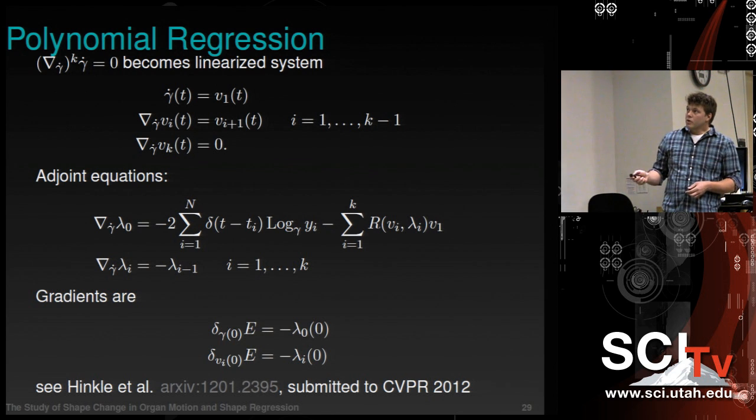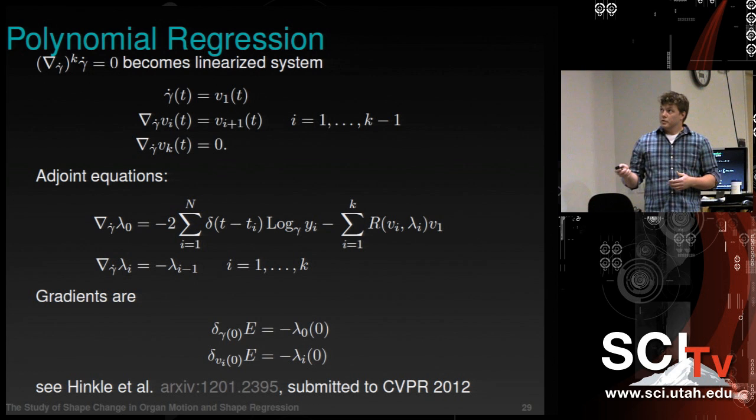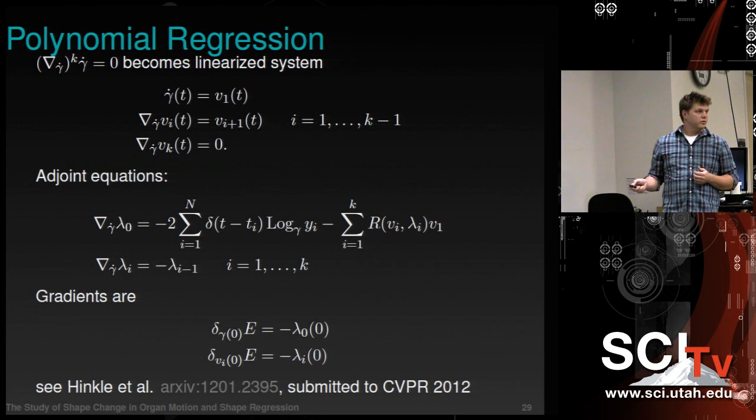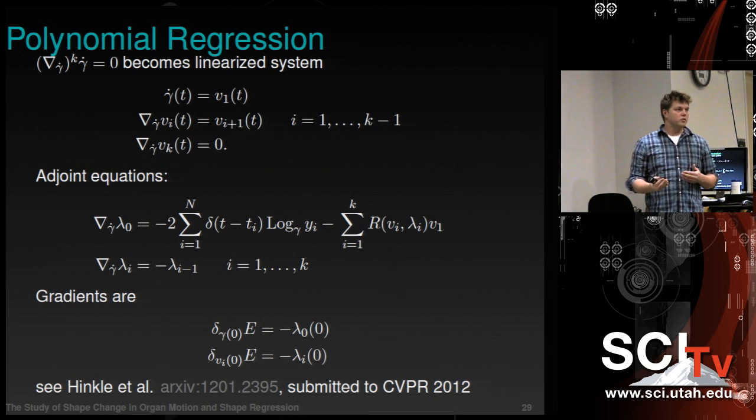So we first linearize this k plus 1 order ODE into a system of first order differential equations. We'll integrate that forward, and then once we get to our endpoint, we'll integrate these adjoint equations backwards. We have these adjoint variables lambda, which are like Lagrange multipliers enforcing our polynomial equation.